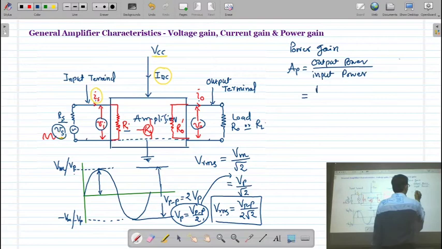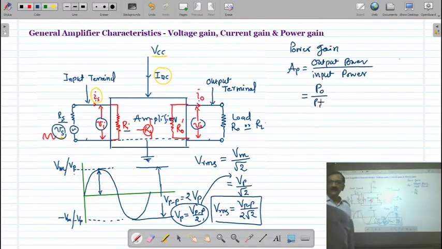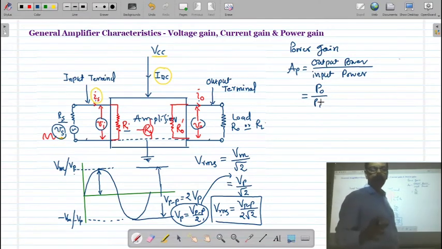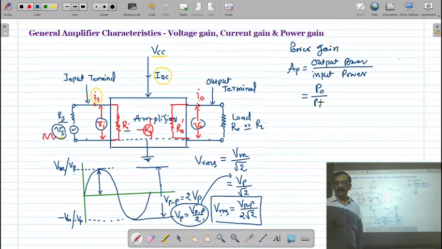So it is a ratio of PO by PI. Remember that when you are writing the power, it must always be the average power or the RMS power. You cannot measure an instantaneous power.